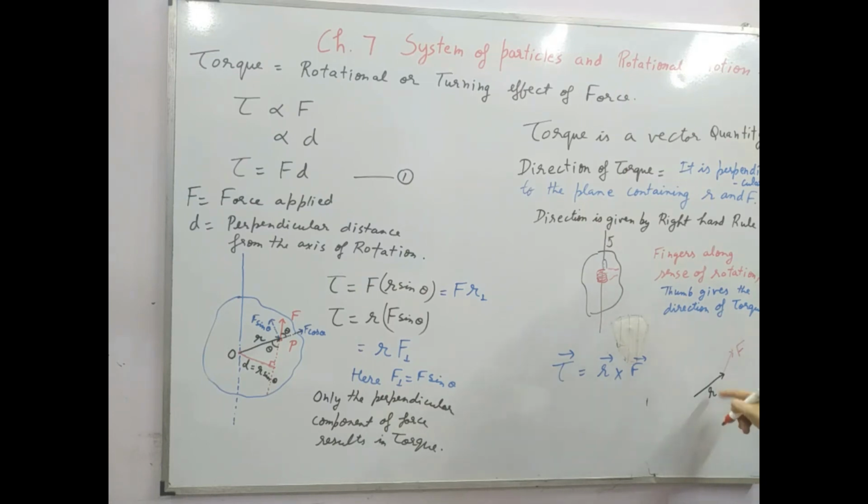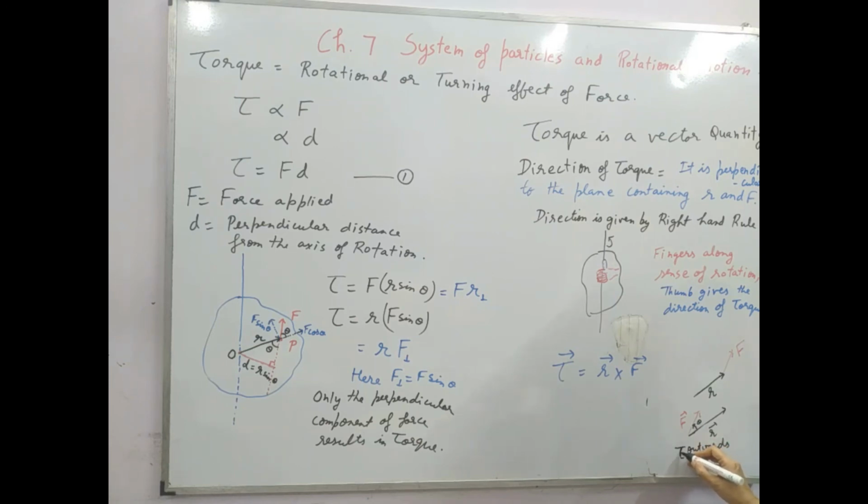So this F can be shifted here as it is, and this is the same vector r, right? So from here, this angle is theta, and I am taking my fingers from r to F. So from r to F, the direction of torque will be normally outward.